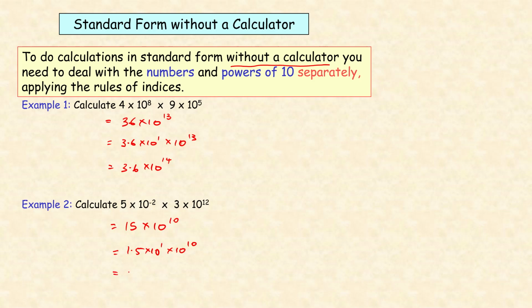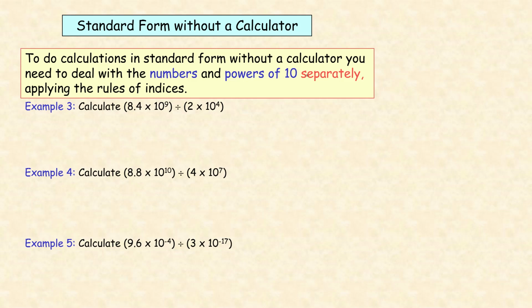So that's going to be equal to 1.5 times 10 to the power of 1 plus 10, 11. So that's 2 examples showing how we multiply using indices in standard form. Hit pause. Actually, don't hit pause yet. I'll give you some to copy. Don't copy just yet. Let's move on.